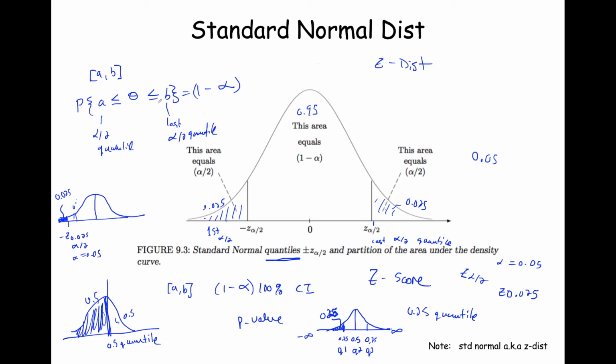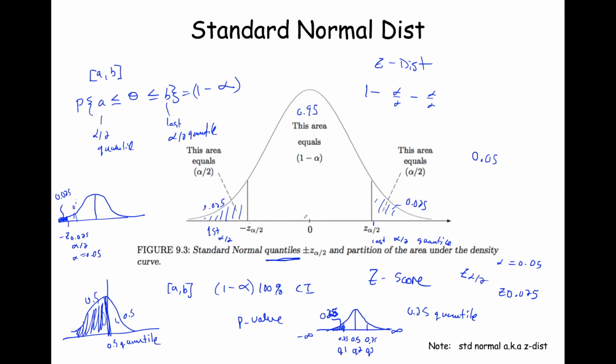Now, if A and B are the first and the last alpha over 2 quantile, everything in the middle here represents a total probability of 1 minus alpha over 2 minus alpha over 2, which is just 1 minus alpha. Okay. So this area between these two so-called z-scores, as we call them, these z-scores are just quantiles, and the area between them is going to be our confidence interval.